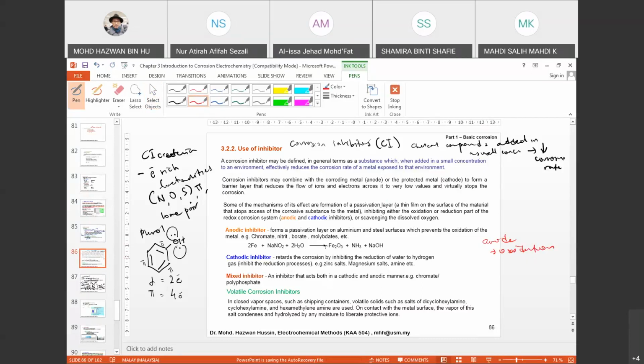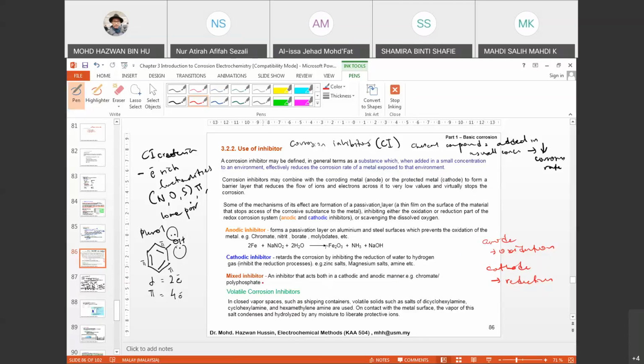So if the inhibitor jeopardizes the oxidation process, then we call it an anodic inhibitor. Meanwhile, for cathodic inhibitors, at the cathode the process will always be a reduction process. So when you add the inhibitor and it jeopardizes the evolution of hydrogen gas, then this can be categorized as a cathodic inhibitor. And if the inhibitor jeopardizes both processes, then we call it a mixed inhibitor.